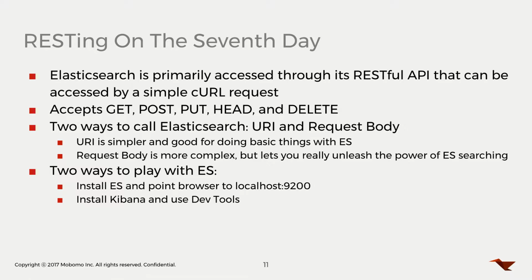There are two major ways that you can work with this if you're not using the PHP module. You can use a URI request, where you put localhost:9200. 9200 is the default port for Elasticsearch, and you'll say /index name, so Drupal/node/1, and you'll get node 1 back, whatever node 1 is in your particular instance. That's the most simple way to work on it.